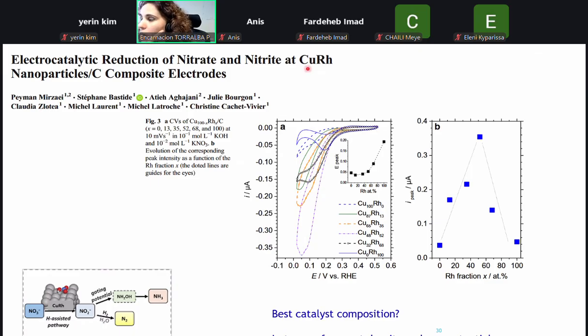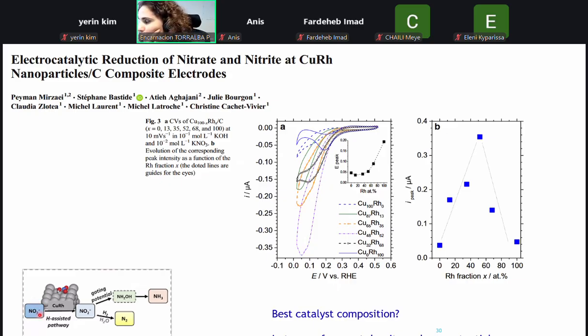So this work is about knowing what is the best composition to reduce nitrites.